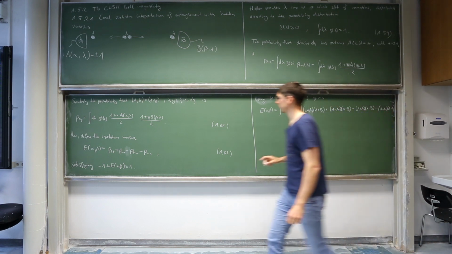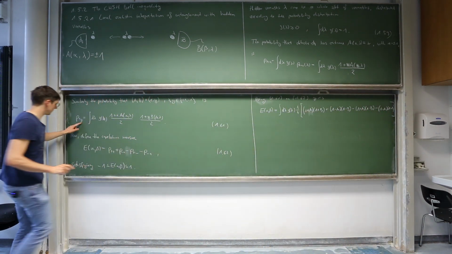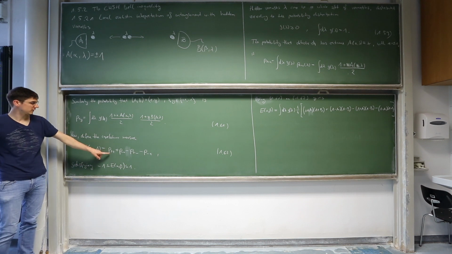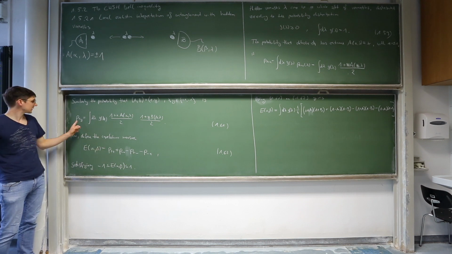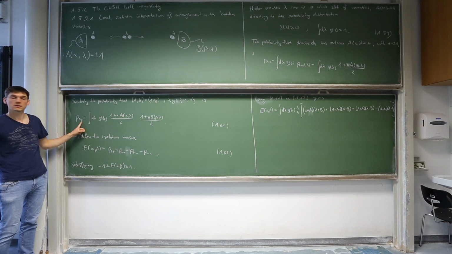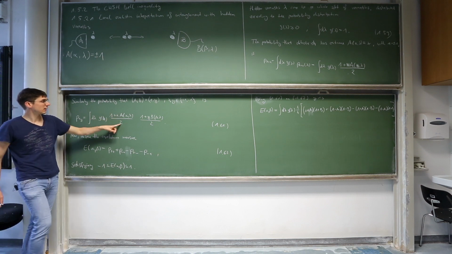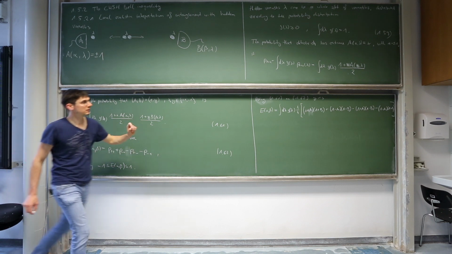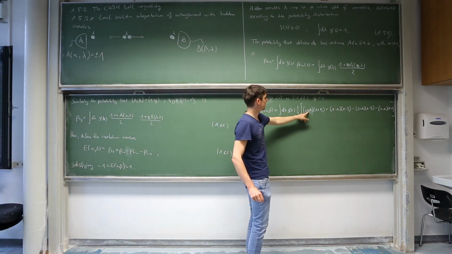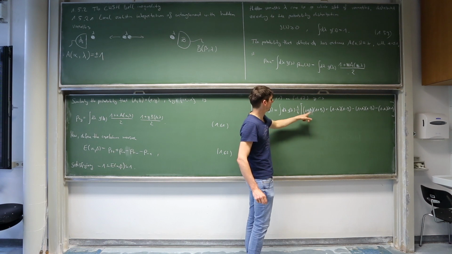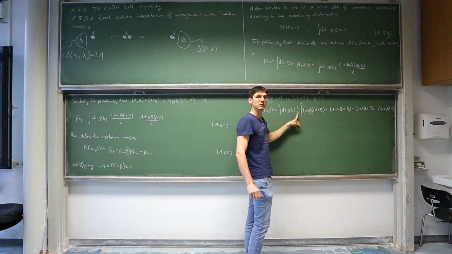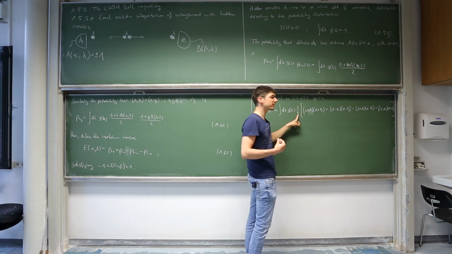Okay, we simply now use this. So let's see, the first term is p plus plus, meaning that x and y are plus. Then we have 1 plus a half and 1 plus b half. This is what we see here: 1 plus a and 1 plus b, and both times dividing by 2 is 1/4.